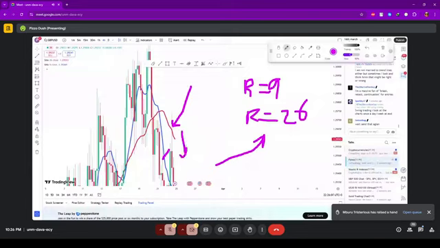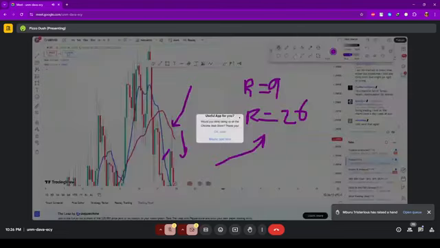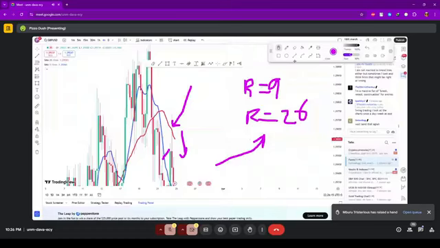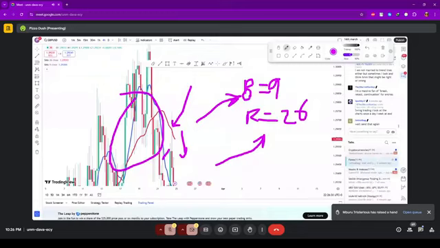If the market is on a downtrend, you should be looking for sell positions. Anytime the blue moving average is above the red one, above the 26 moving average, like here, it means the market is on an uptrend. If the market is on an uptrend, you should be looking for buy positions.